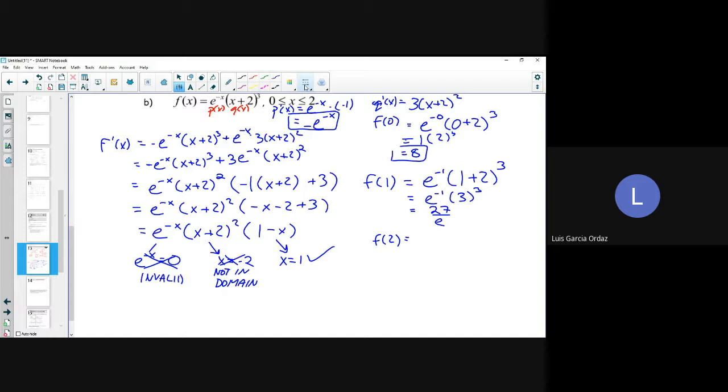Around 2.7. So if I take 27 and divide it by e, I get approximately 9.9.